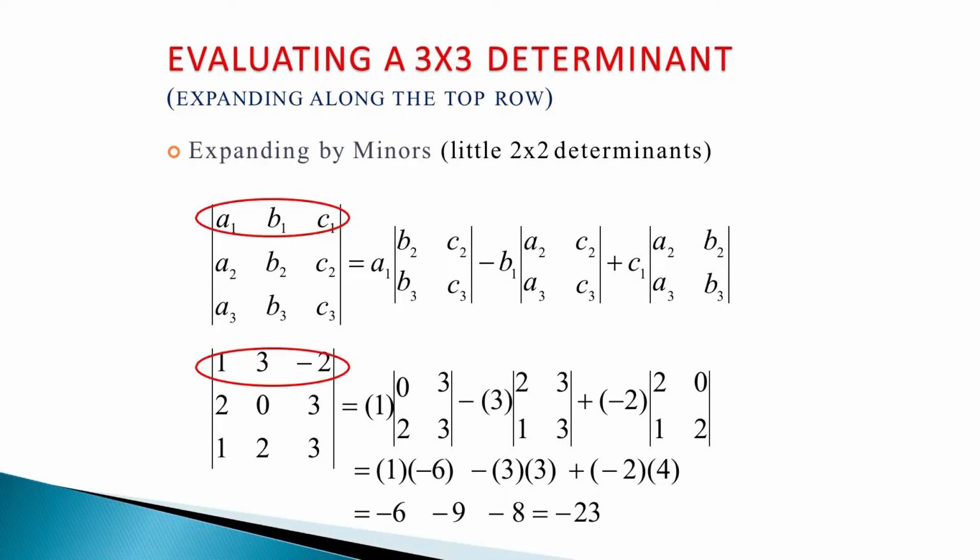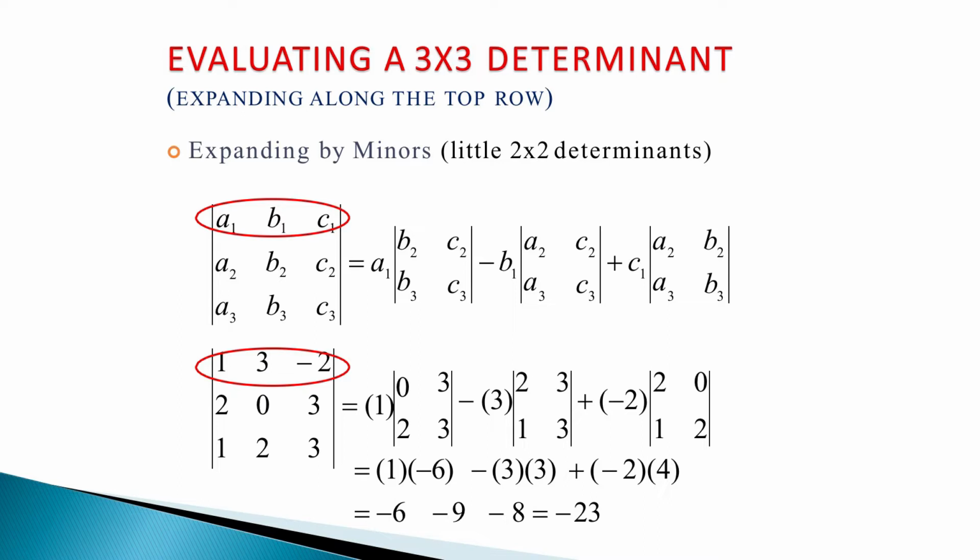Now, here is an example of finding the determinant value by expanding a row. Suppose a third order determinant contains the elements a1, b1, c1, a2, b2, c2, a3, b3, c3. The sign of a1 is positive, the sign of b1 is negative and the sign of c1 is positive.